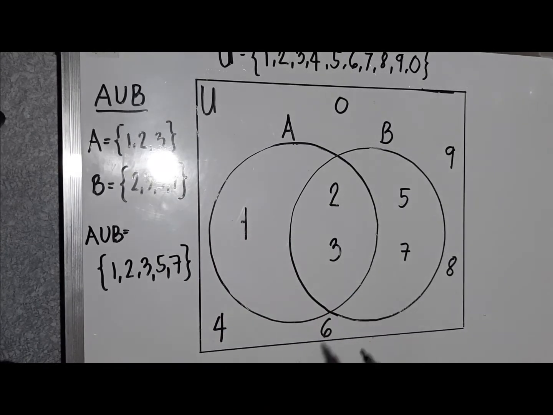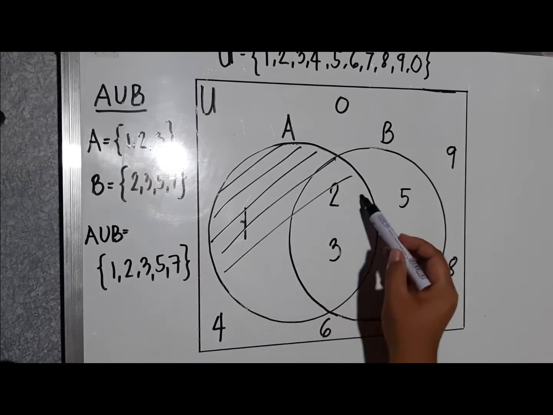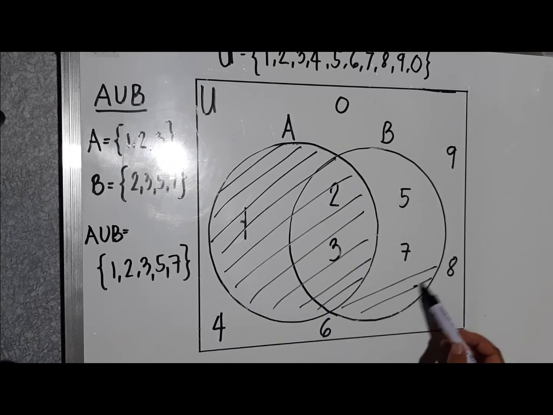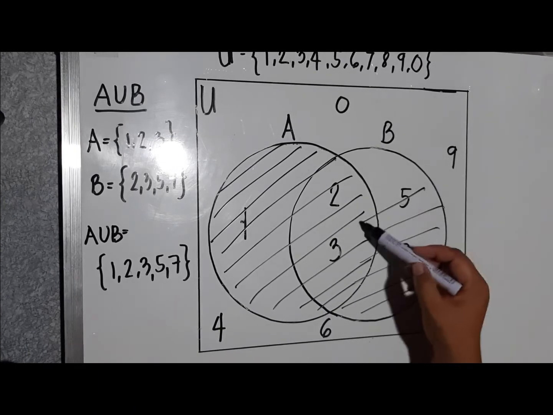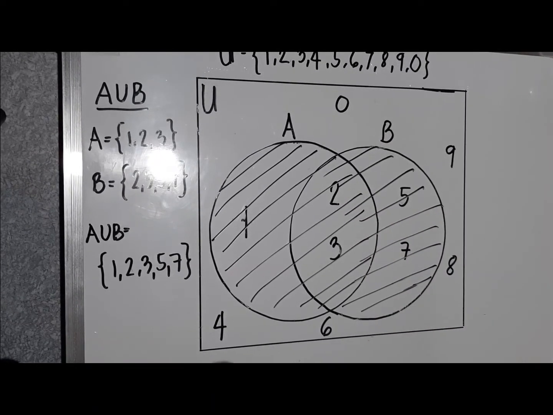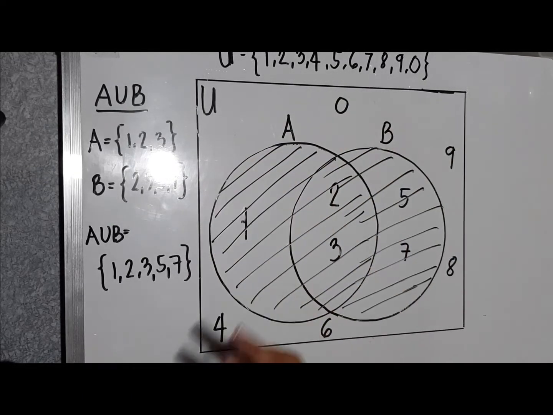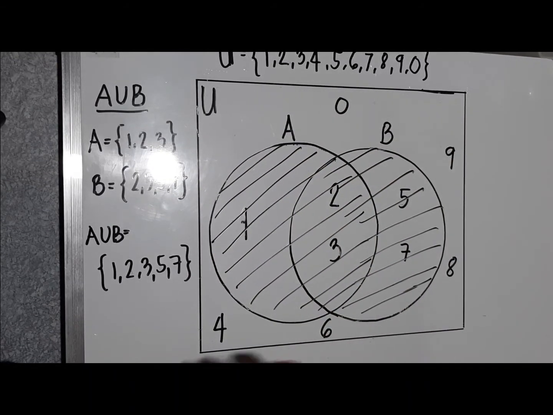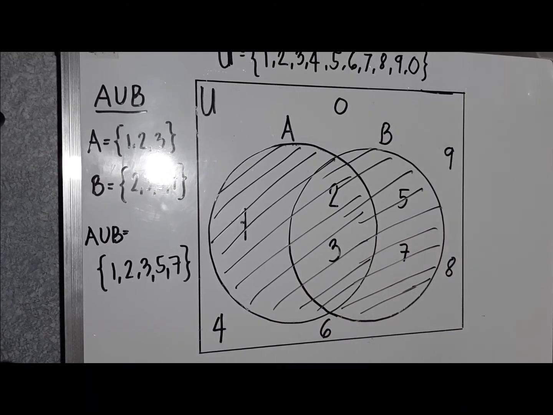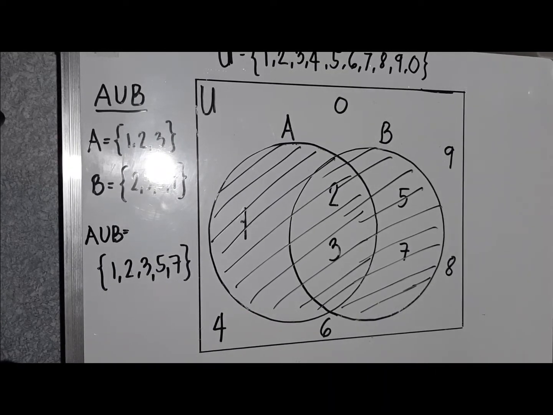So we shade the portion where 1, 2, 3, 5, and 7 are. For shading, we'll use pencil, and ballpen for writing on the diagram so it stays clear which elements we shaded. So the shaded portion represents our final answer.